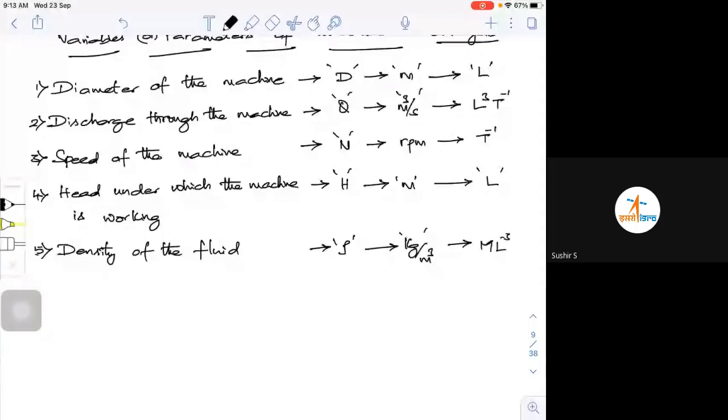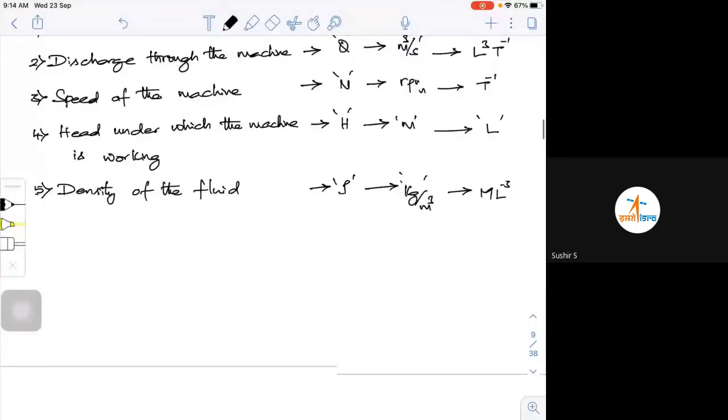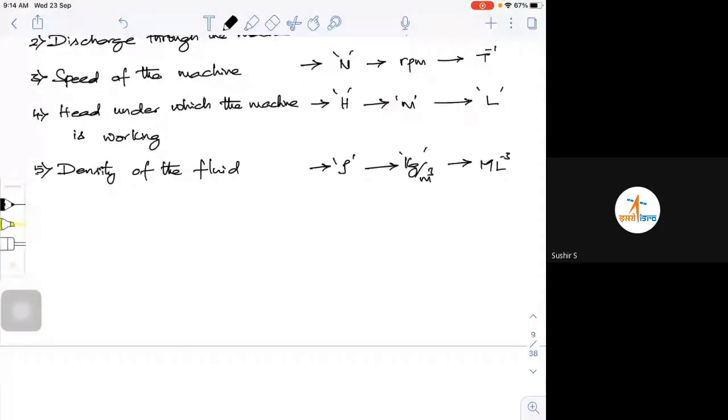Now, as we are dealing with real fluid, density is one parameter, and I do have the viscosity also. So I can take dynamic viscosity of the fluid. It is denoted by mu. What are the units for it?